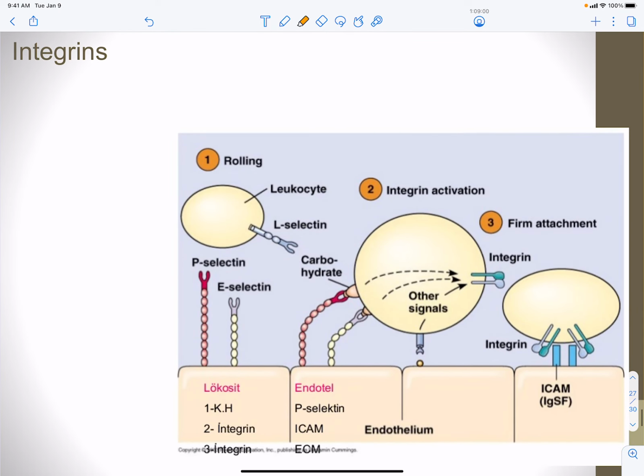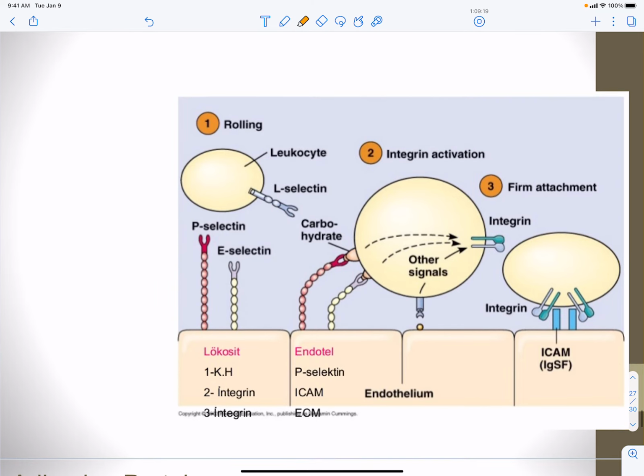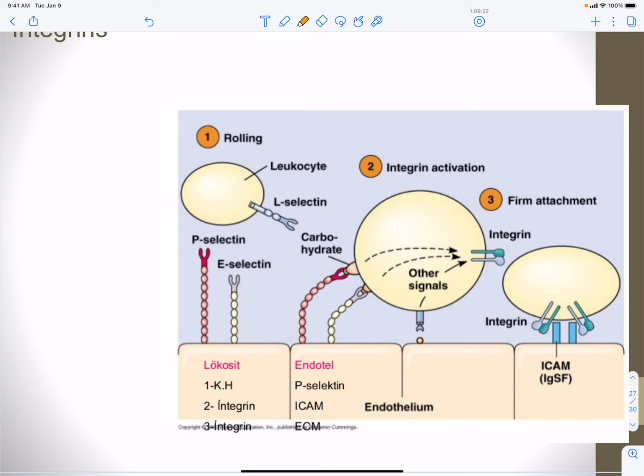So another function of integrins is going to be anchoring cells to the skeleton of the extracellular matrix, as well as those that are associated with your immune response, and they allow your immune cells to attach to a site of infection, for example. So if an infection occurs, your integrins get activated on your white blood cells, and here we show on our leukocyte we have something called L-selectin.